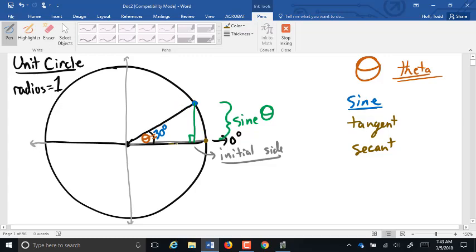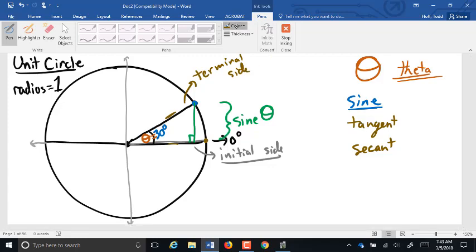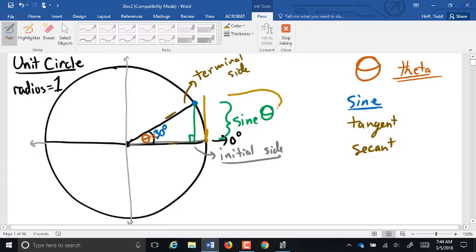If this down here is the initial side, this is called the terminal side of our angle. So this comes up tangent here until we intersect that terminal side. Well, that distance that I just created there is the tangent of our angle.